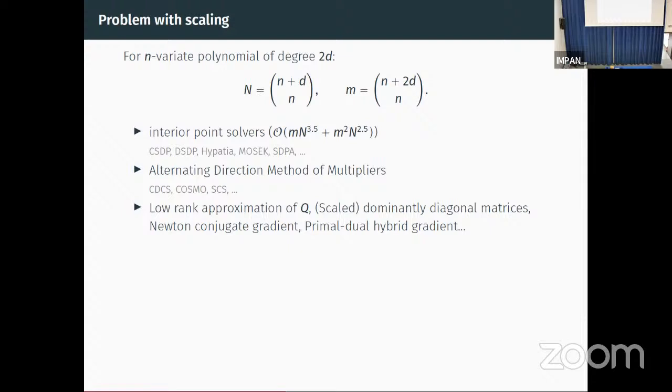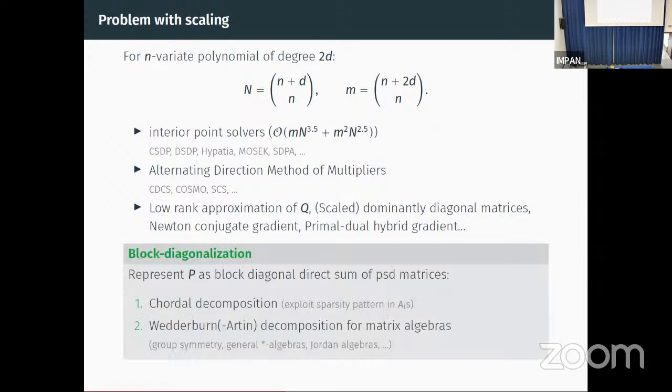Okay? So instead of trying to be clever after we were stupid, let's go back one step and say, maybe I don't need to solve such a large problem. Let's try to simplify it before. So this is what this talk is about. What I want to say is that under some conditions, this matrix P can be realized not as a full matrix, but as a block diagonal matrix.